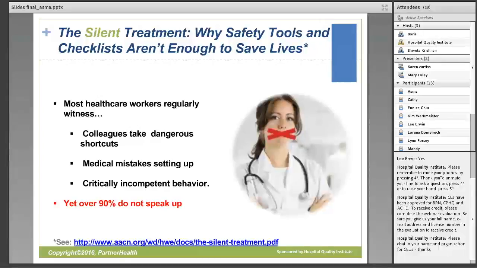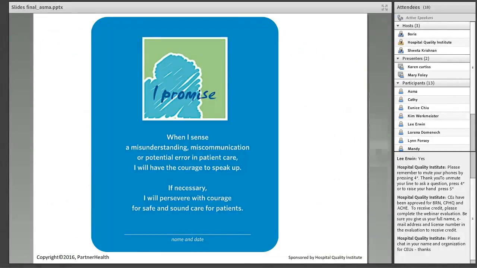It's the communication that's also necessary as well. It needs to be okay for everyone to speak up, including providers, among themselves and between themselves and patients and families. So we came up with this idea to have a courage campaign.